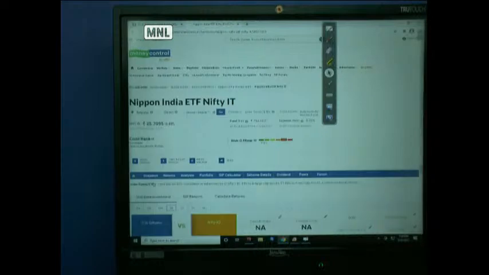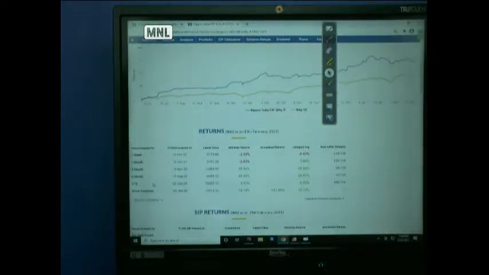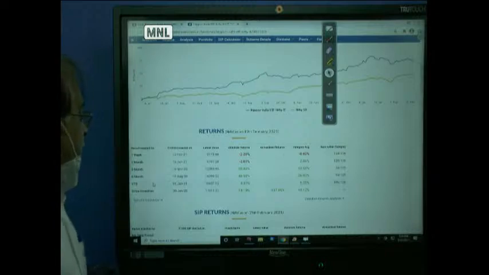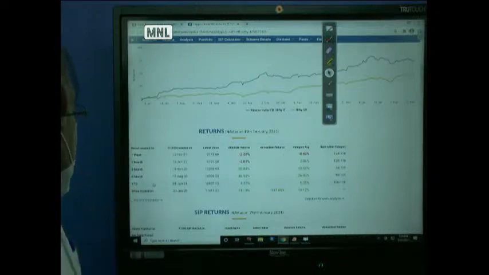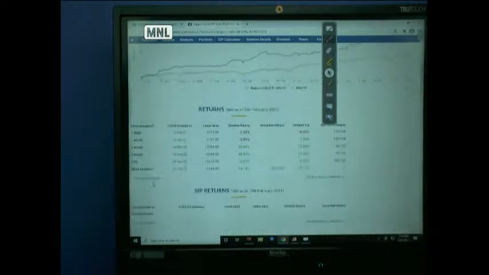So let's see how many years it has been there. It just invests in IT stocks, and I think it's all new. So we've got only 3 months return, 6 months return, and year-to-date return, and we don't have much of an analysis return here.